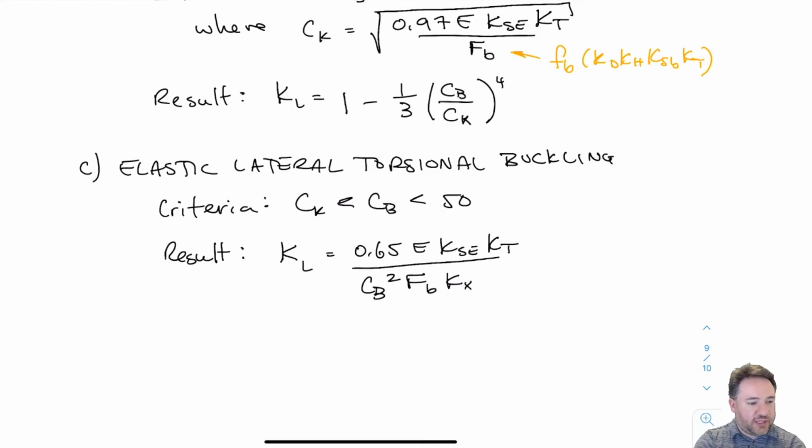And if I fit within that range of CB, bending slenderness, then I get this KL equals 0.65 E KSE KT. That is a Young's modulus value modified for the fact that Young's modulus changes if the material gets wet, divided by our slenderness times FB times KX, which you may recall is our curvature factor, which we haven't really talked about in detail, which will be 1.0 if my beam is straight.